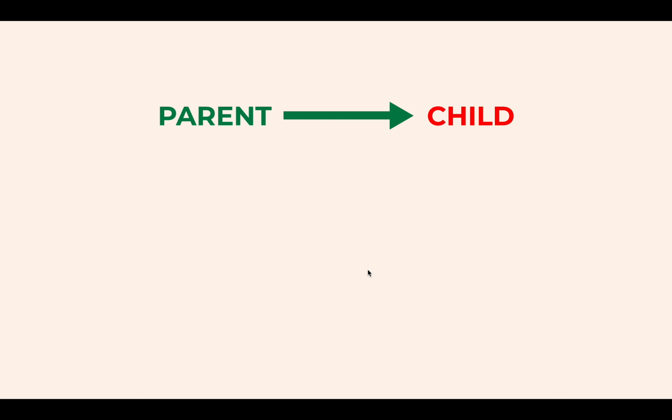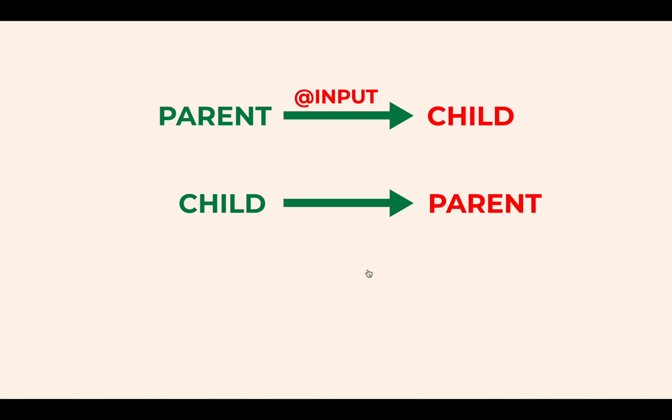But to do that, we will need some decorators. In our first case, we are going to share data from parent to child. We are going to use the input decorator here, and an input decorator can receive its value from its parent component. In our next case, we are going to pass data from a child to a parent using the output decorator.